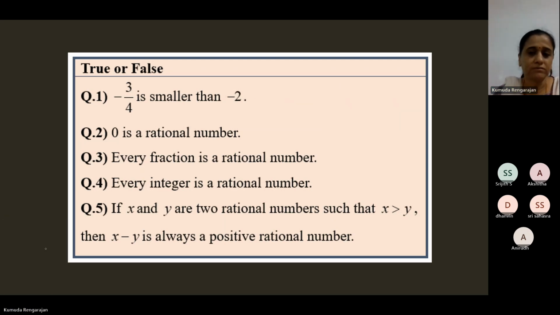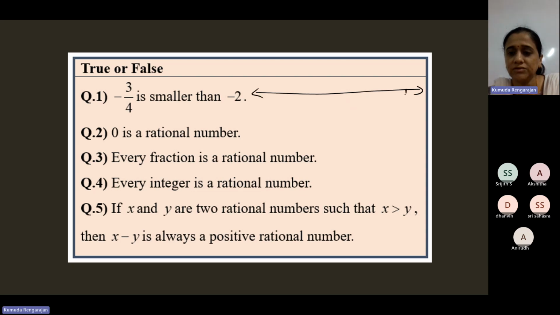This is 0 by 4, which is 0. This is minus 1 by 4. This is minus 2 by 4. This is minus 3 by 4. This is minus 4 by 4, which is minus 1. And then minus 5 by 4, minus 6 by 4, minus 7 by 4, minus 8 by 4.